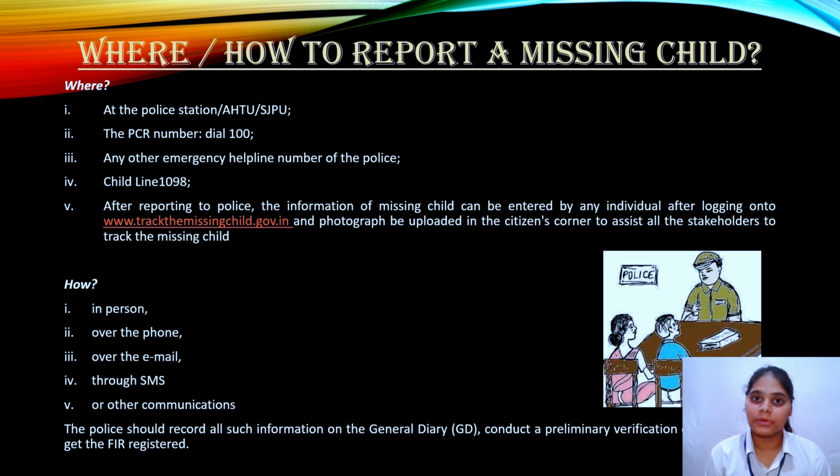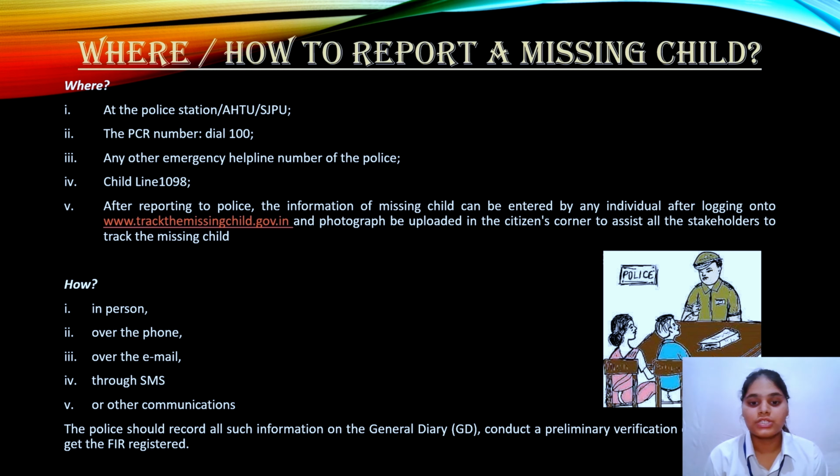It can be done in person, as in you can go to the police station and file an FIR, or you can do it over the phone, or you can file a complaint through an email or through SMS or any other means of communication that you can use to reach the police. Any of them can be used to alert the police about the missing child.